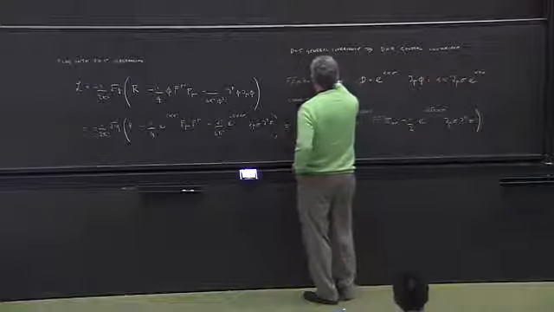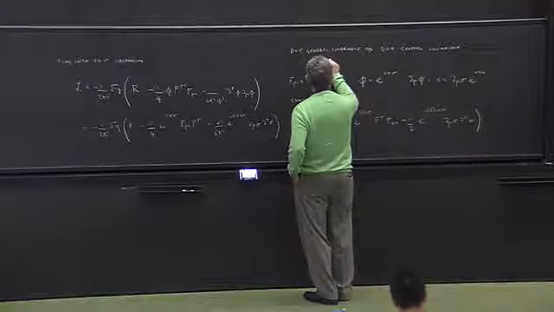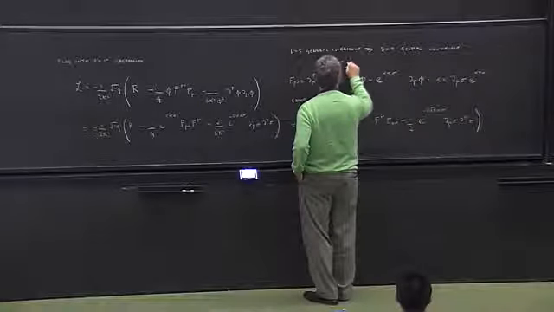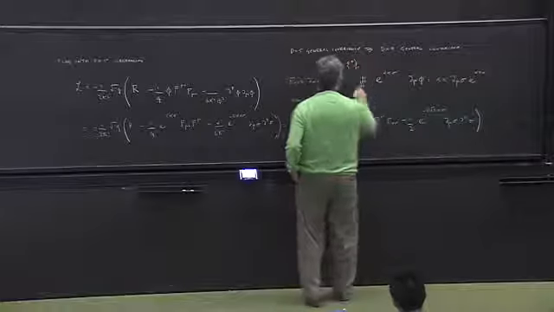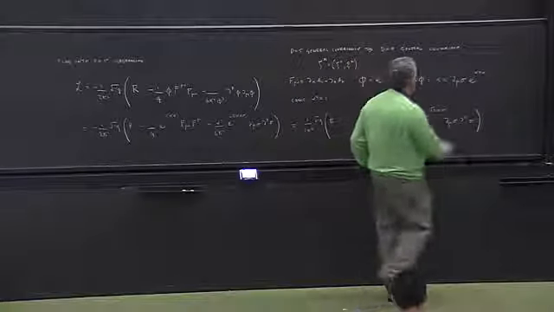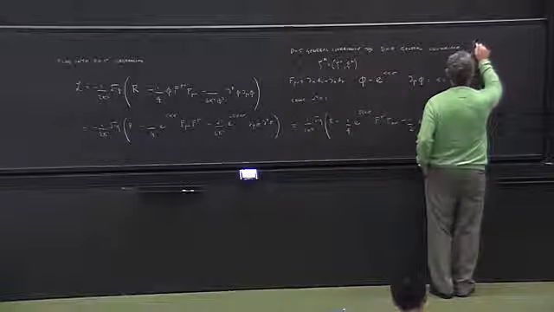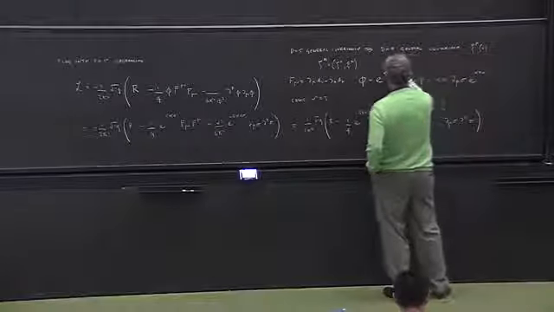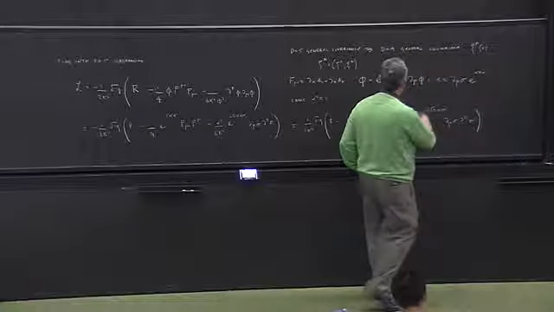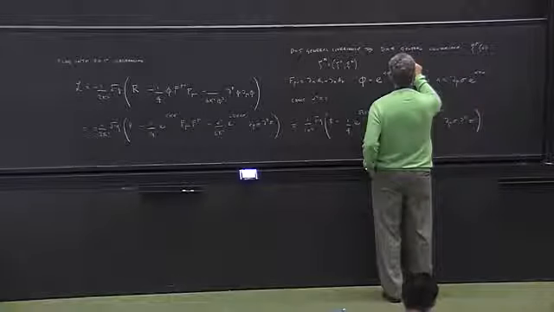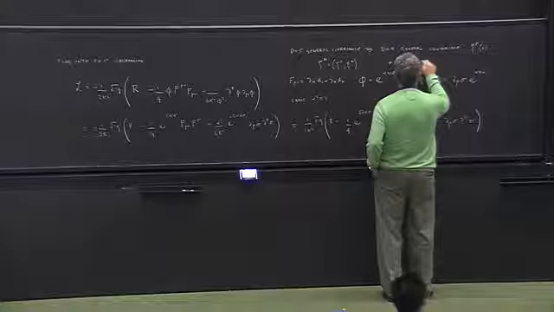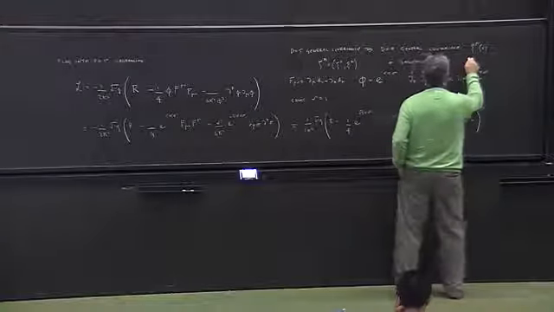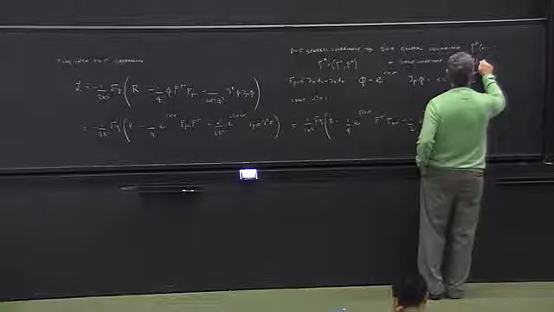So this is psi M, which is psi mu, psi 4. This implies a 4-dimensional general covariance with parameter psi mu of x. But plus, there's an extra bonus, gauge invariance with parameter psi 4 of x.